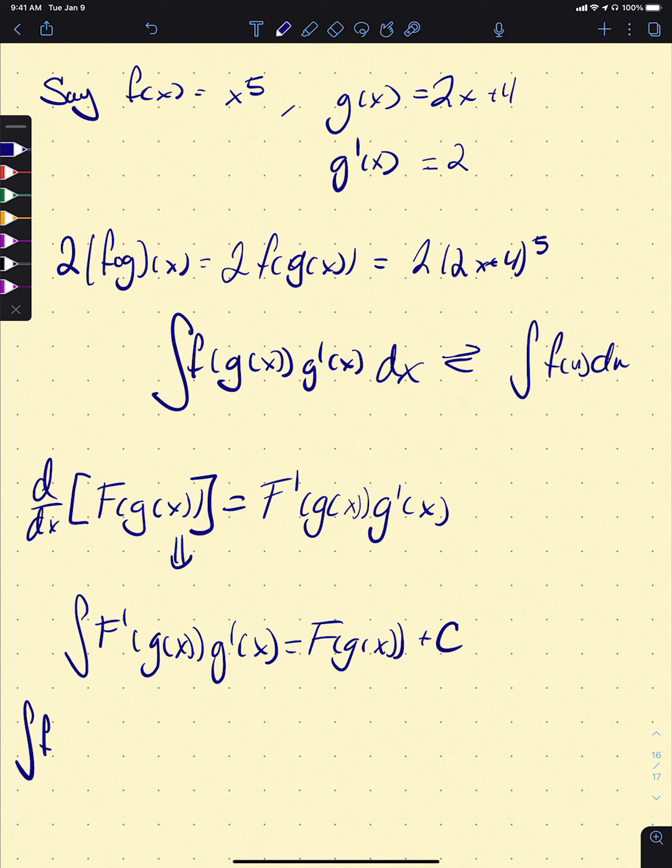So we can say that the integral of f of g of x times g prime of x dx, the thing we're trying to show, is capital F of g of x, but let's call it just u, plus c.